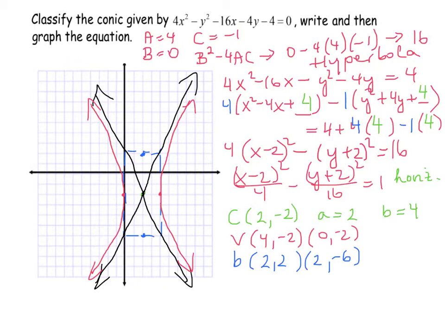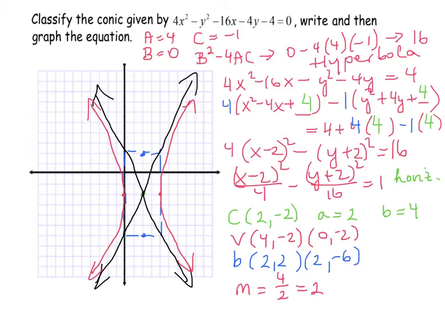And I can write the equation of the asymptotes. If I look at my slope, the rise is 4 and the run is 2. So the slope will be 4 over 2, which is 2. And if I look at the y-intercept of my positive slope one, it's right here at -6.